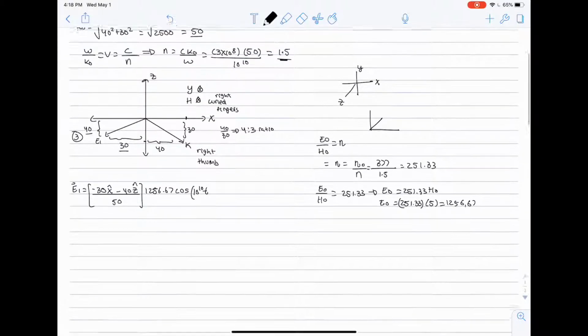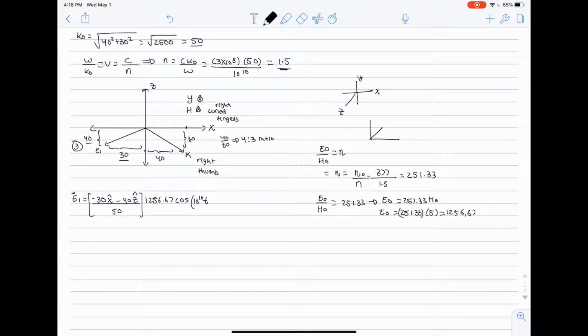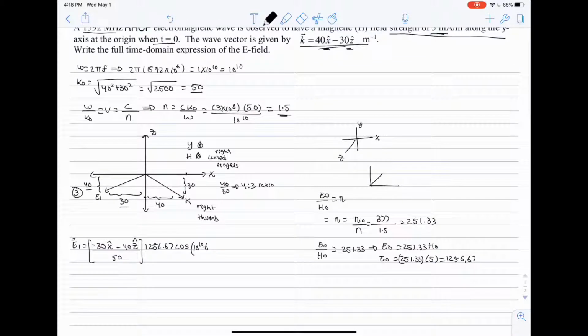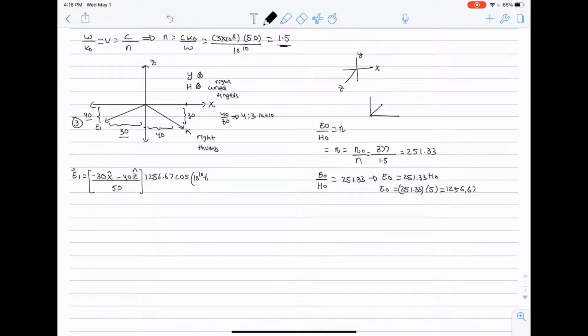And then we plug our k back in the wave vector equation back into here. But since this is positive, it's going to be a negative here, so it's going to be negative 40x plus 30z. So that's our E1.